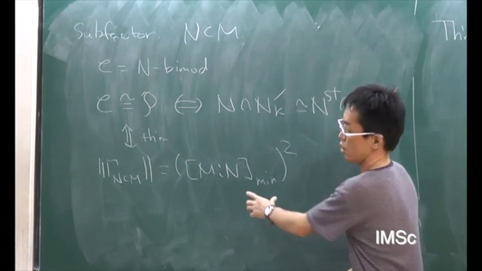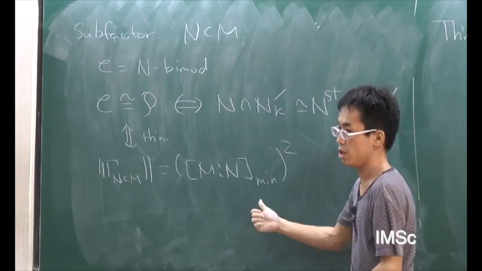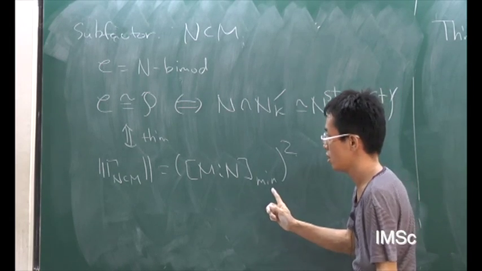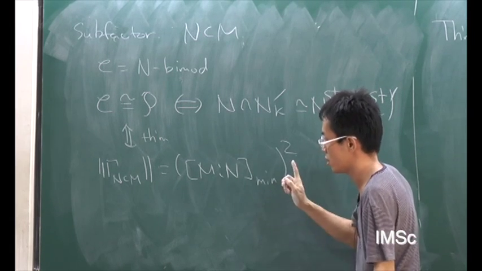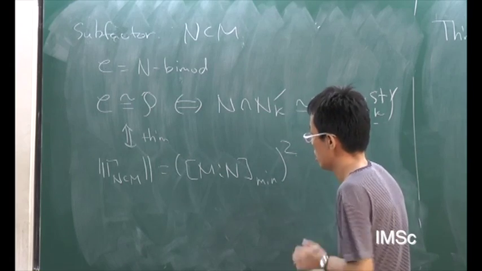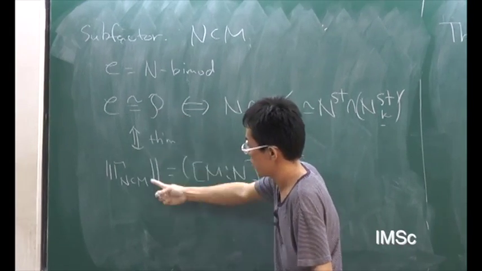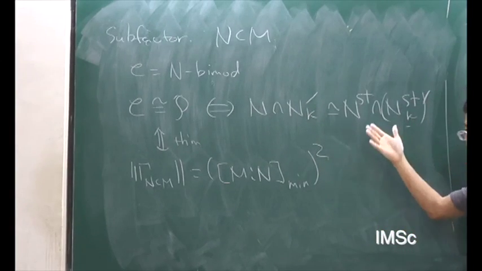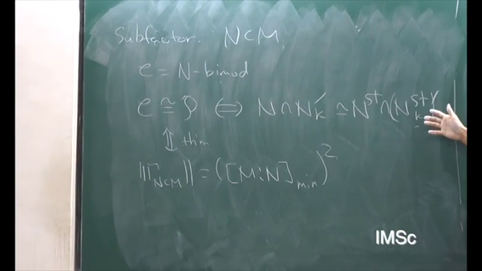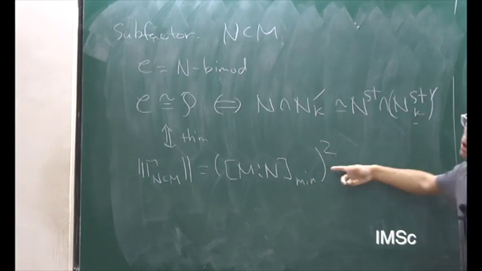And the categorical dimension, the intrinsic dimension, is the minimal index, in fact. I think I can explain that next time in the proof. So by this theorem, this corresponds to this, and combining this, you get the equivalence of this condition and this condition.